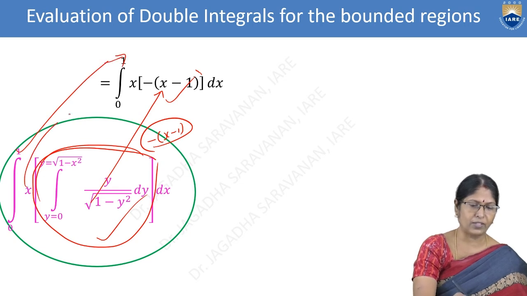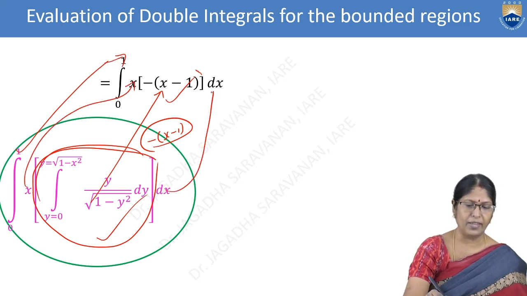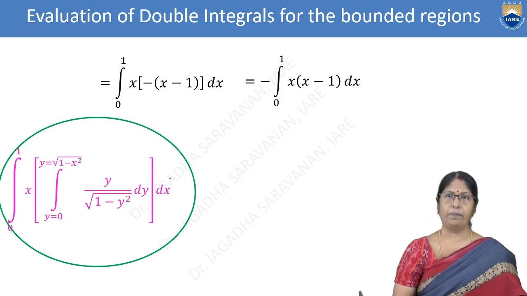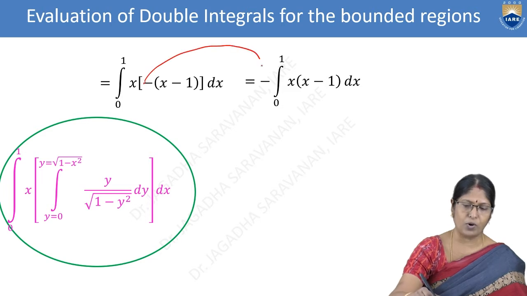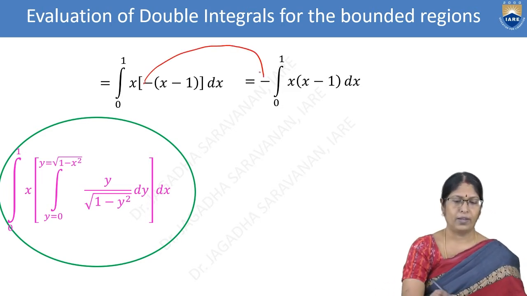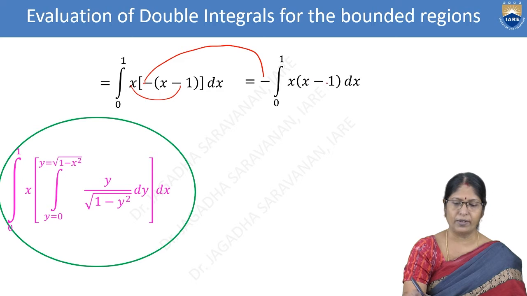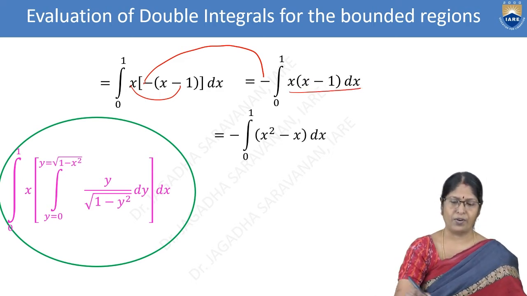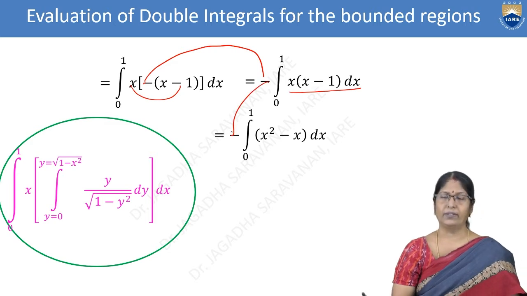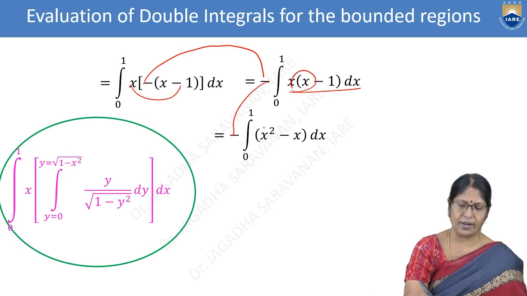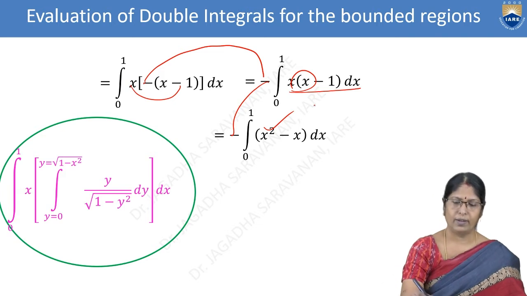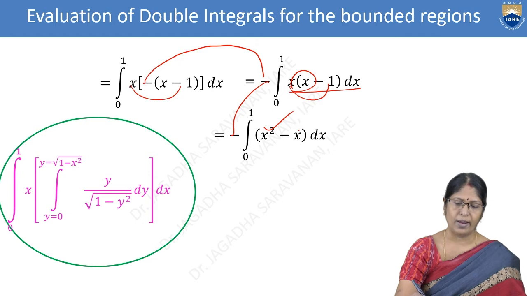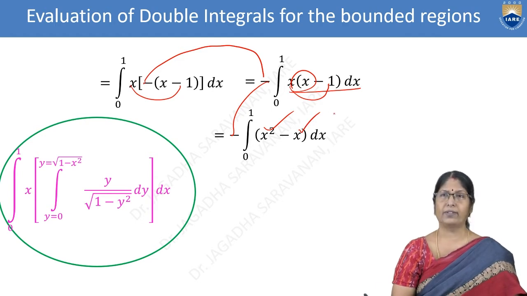This x we brought as it is, and dx we brought as it is. In the next step, this minus we brought out. x into x we wrote, the remaining as it is. Next we write minus x into x, which has become x square. Then x we take inside: x into minus 1 has become minus x.